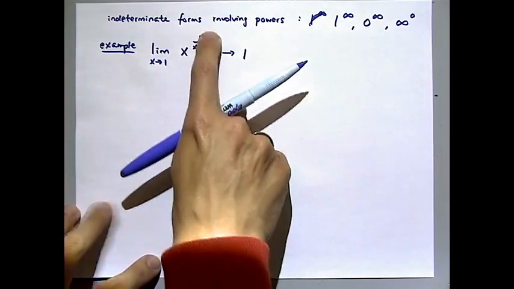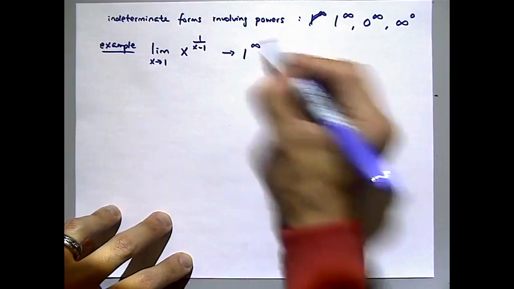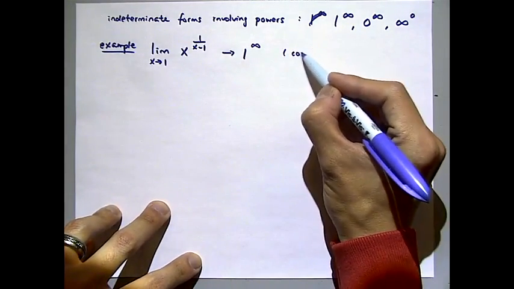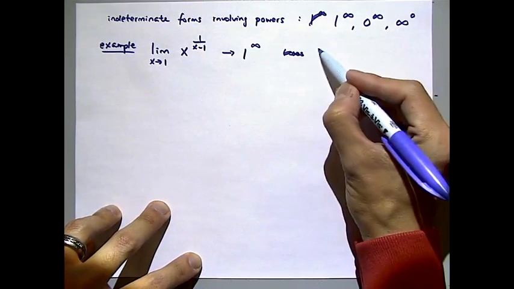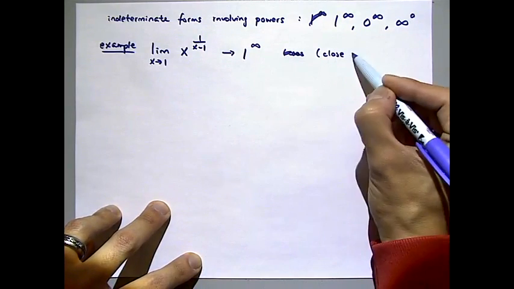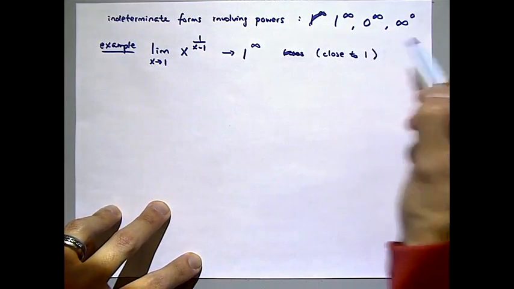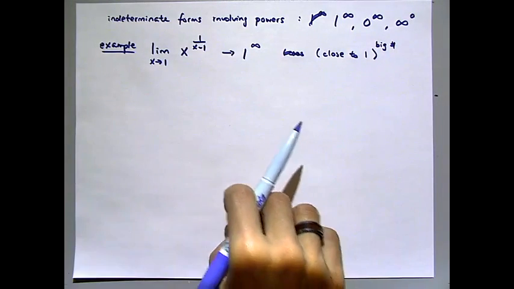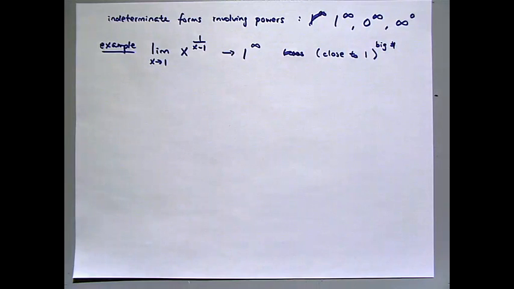That's close to 1 over a small number. So that's infinity. So this means a number that's close to 1 raised to a big power. Depending on how close it is to 1 and how big that big is, the final result is anyone's guess.